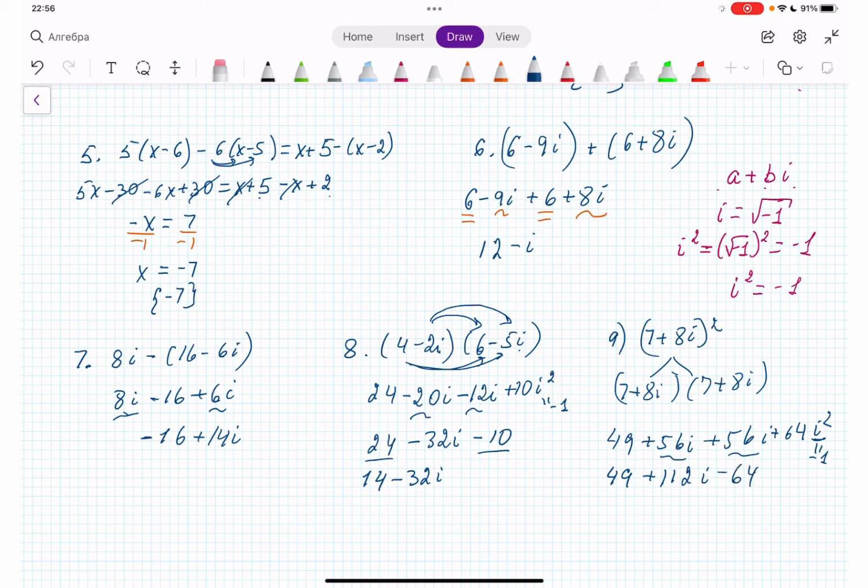Okay, so negative 64 plus 49 is negative 15, plus 112i.